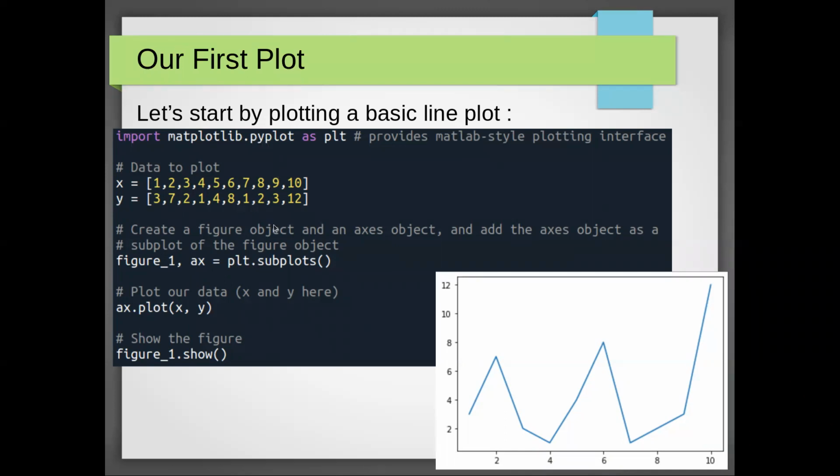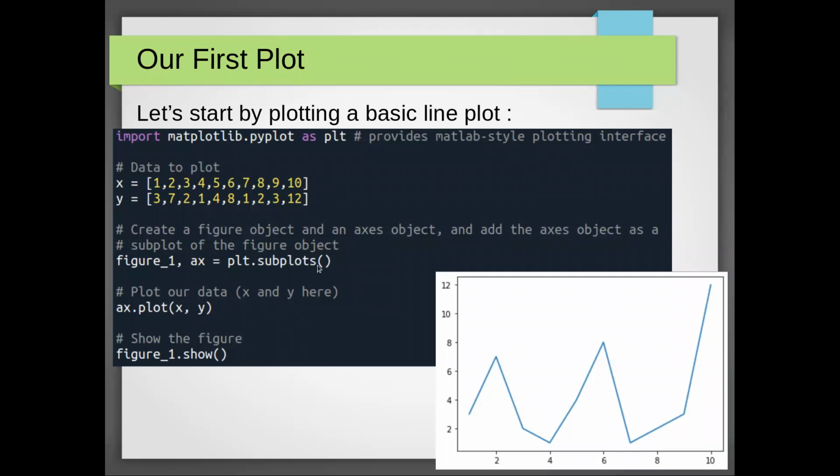And we use the subplots method. What that will do, if we don't pass anything in, is just return a figure and an axes object. Now, here's the bit where if you wanted more than one subplot, you can put this in brackets.